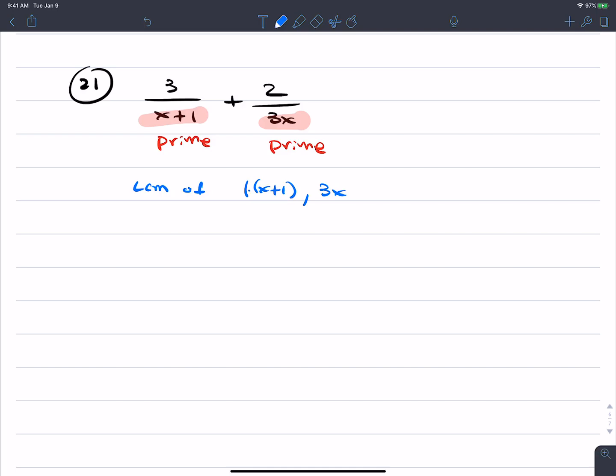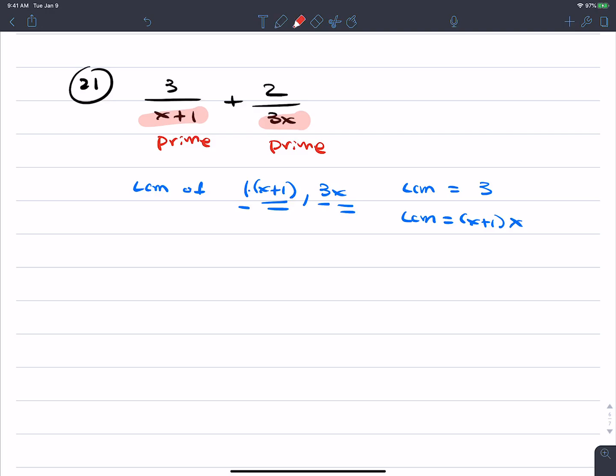We can think that there's a number 1 in front, so we can find the LCM of 1 and 3, and then we find the LCM of the terms, and we know the terms x plus 1 and x are prime, so we can find that very easily. So our LCM of 1 and 3 we know is 3. And the LCM of the terms is x plus 1 times x.